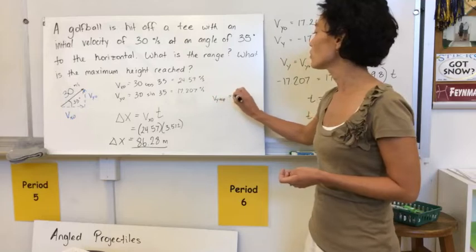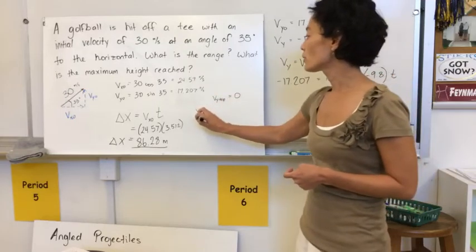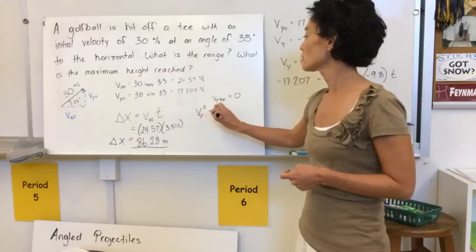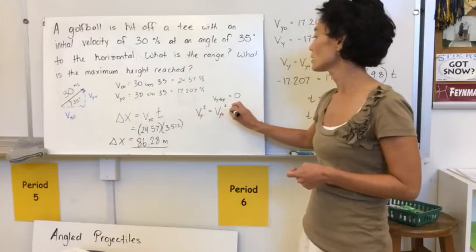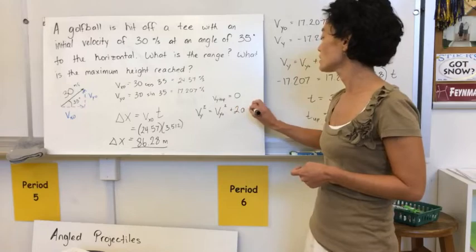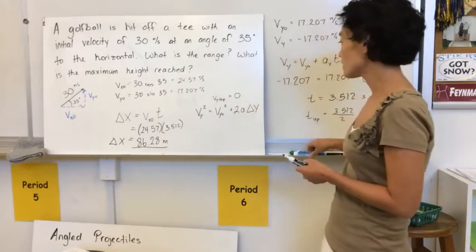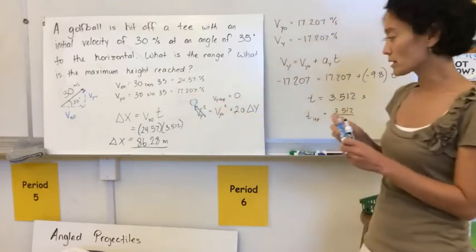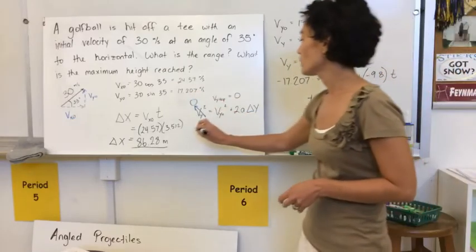So at the tippy top, the y velocity is 0, and that actually might be an easier equation to use. If our Vy at our top is 0, and we know that Vy squared equals Vy naught squared plus 2a delta y, and if this term is 0 at the tippy top, then my equation is going to simplify.